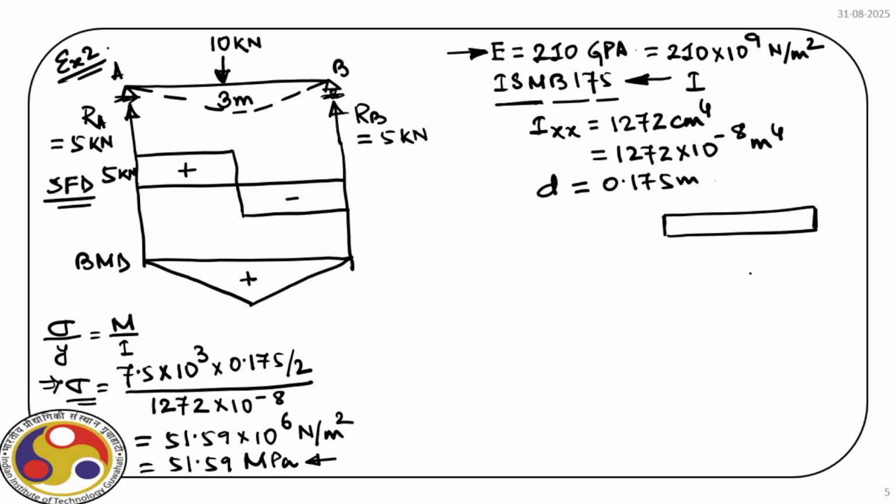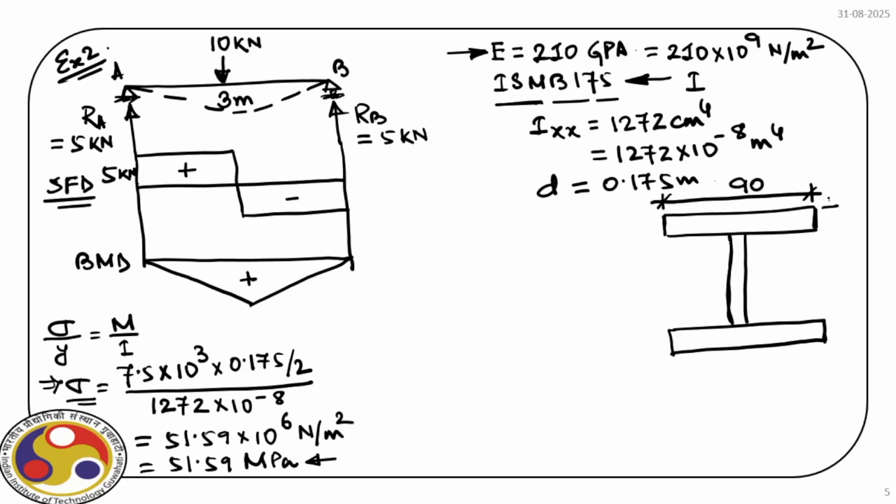Again from the same table we can get the cross section. The width is 90 millimeter. Thickness of the flange is 8.6 millimeter.